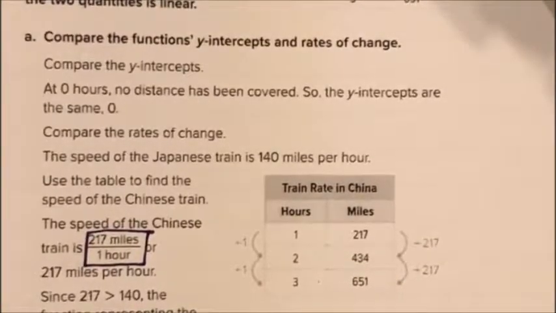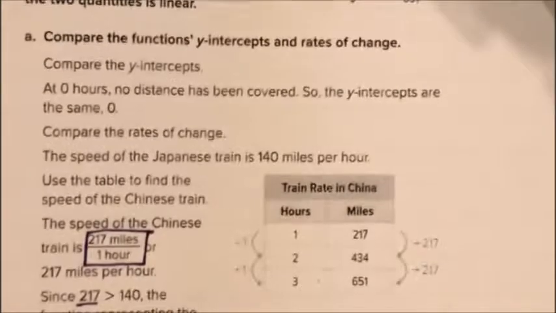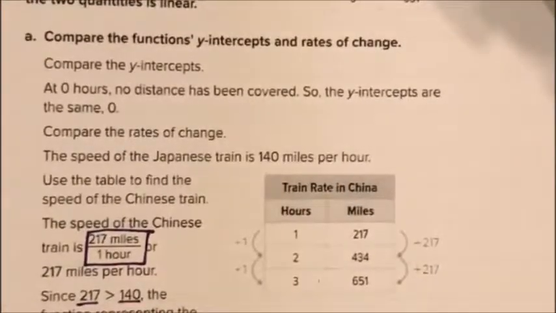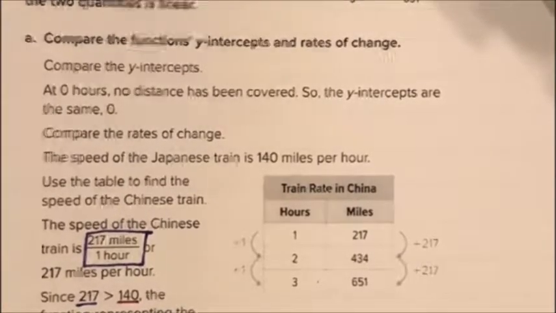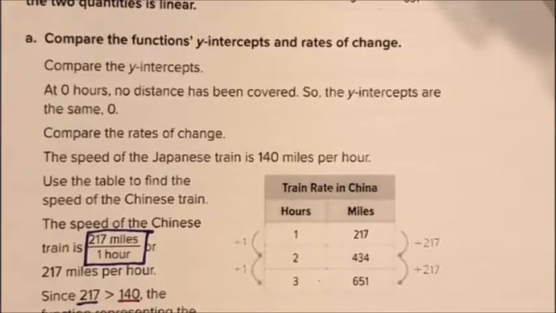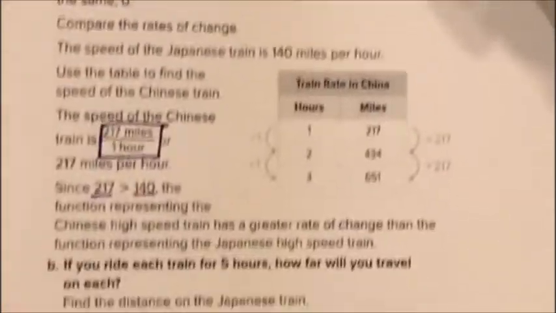Okay? Since 217 is greater than 140, the function representing the Chinese high-speed train has a greater rate of change than the function representing the Japanese high-speed train. Okay.